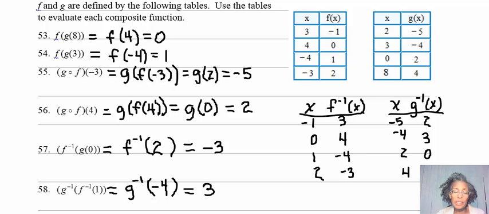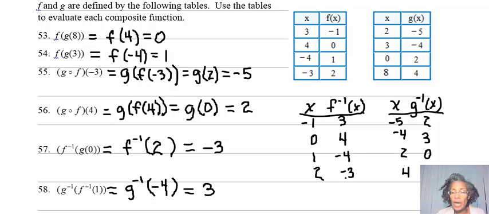So all I'm doing is step by step making the problem simpler and simpler at each step. So I'm actually finding a function value and replacing it with its numerical value. That's really all that I'm doing at each step.